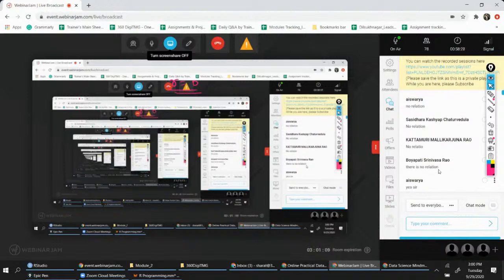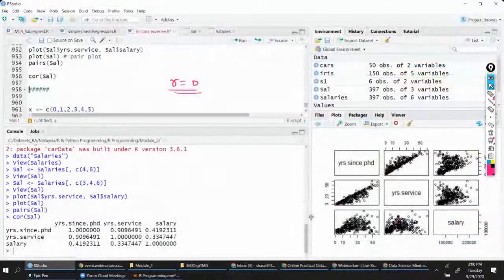So we can say if r equals 0, that means no correlation. But can you imagine how the diagram would look? Because we are trying to map the magnitude of the relationship with the visualization that we got in the scatter diagram.